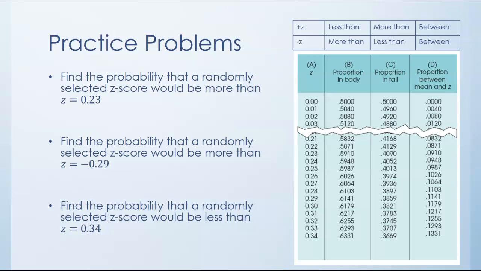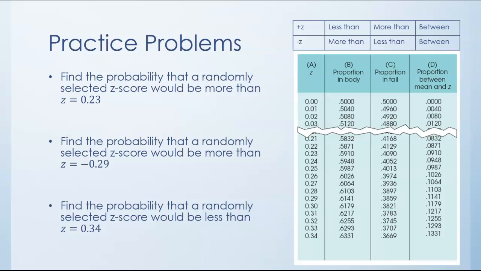If my Z is positive, then column B is less than, column C is more than, and column D is between. If my Z is negative, then column B is more than, column C is less than, and column D is between. So that it's right there for you, and it's much easier. You don't have to look at the pictures or guess at it when you're doing these problems.